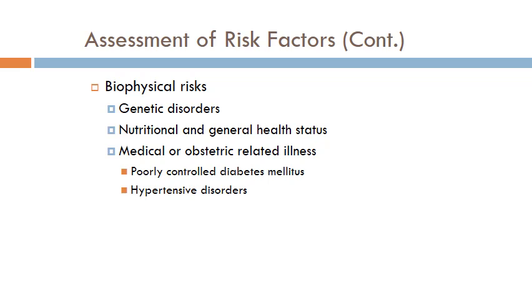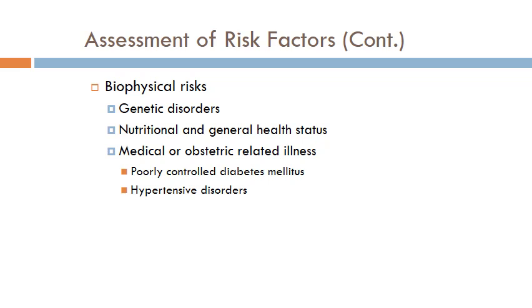To start with the biophysical risks, I'd like you to look at box 10.1 on page 250 in your text. The heading reads Categories of High-Risk Factors. The biophysical factors are broken down into genetic considerations, which are genetic factors that may interfere with normal fetal or neonatal development.